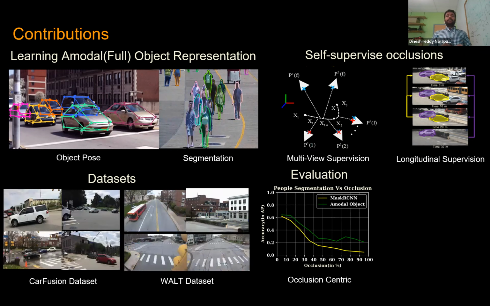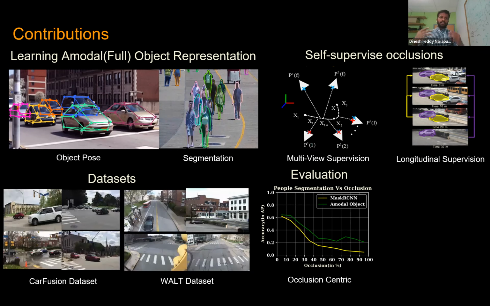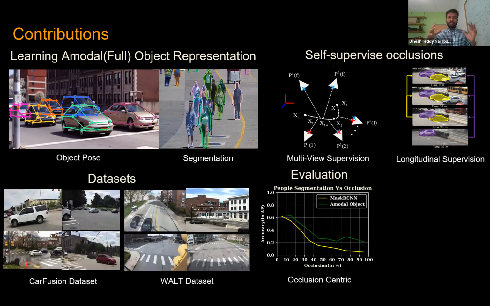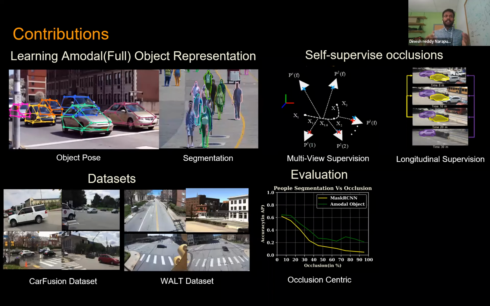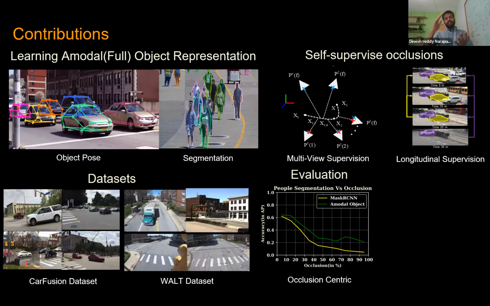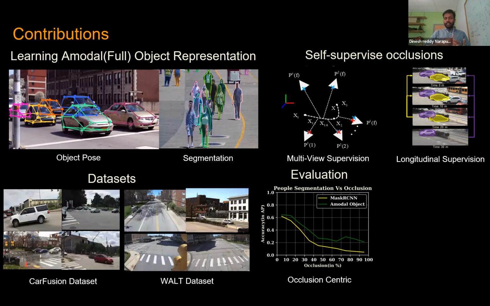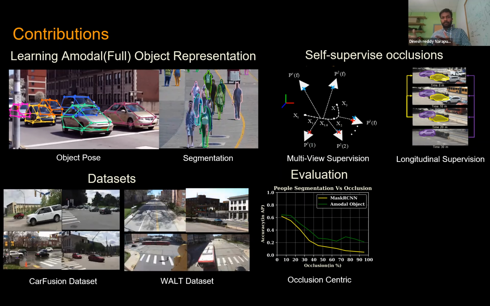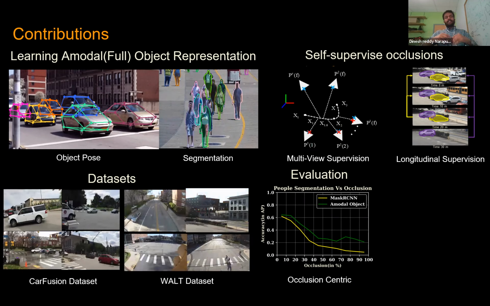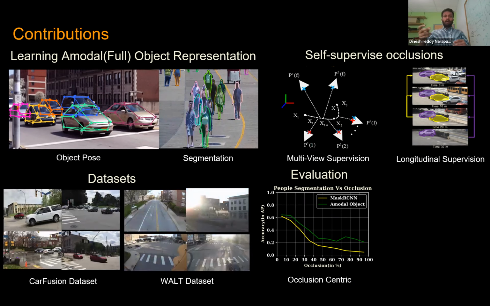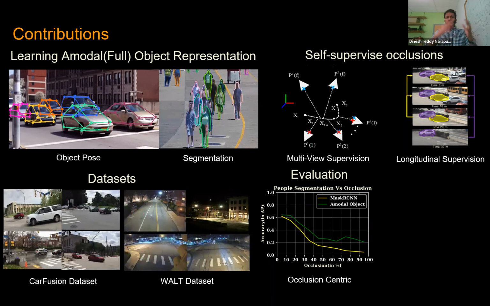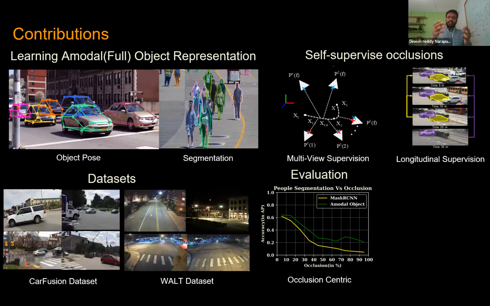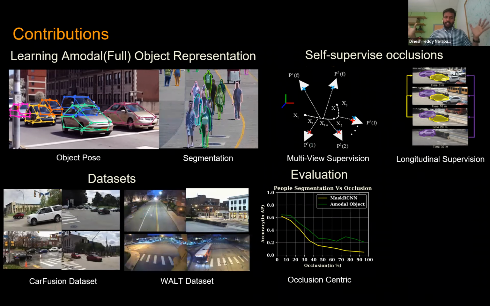Throughout the talk, I will show that evaluations in case of detection or segmentation or reconstruction should be done with respect to occlusions. That is, you should show how much the accuracy drops with respect to the percentage of occlusions in the object. Generally, we just see one metric, like AP in the case of detection, or different metrics showing just the accuracy over the whole data set.